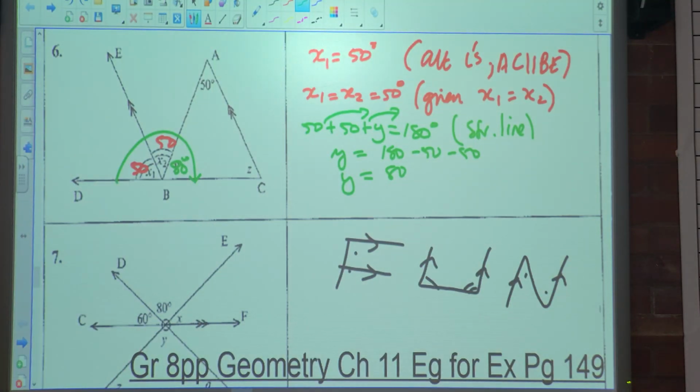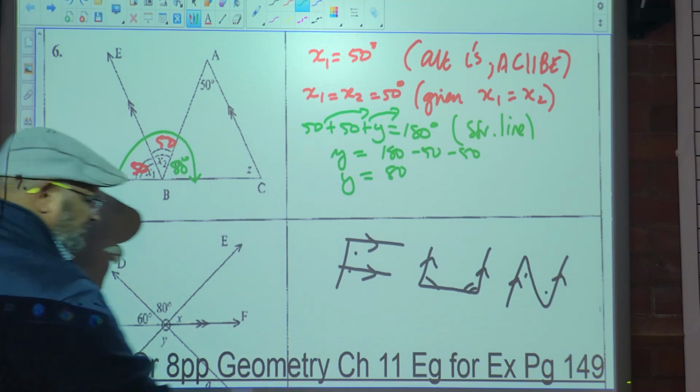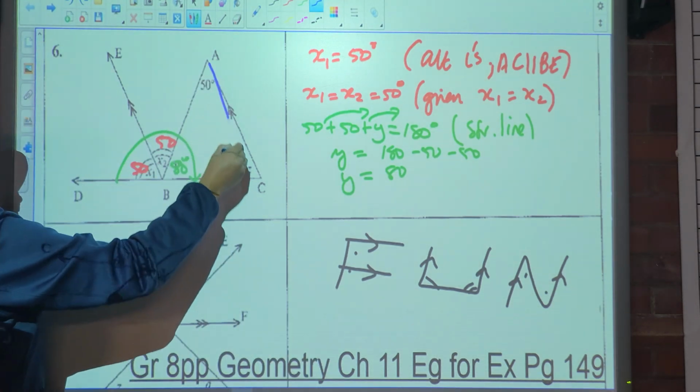One more. How do you calculate Z? 180 minus 80 plus 50, because the triangle adds up. But is there another easy way? Don't you see the F being formed here?